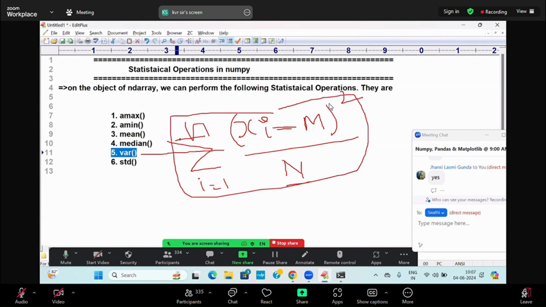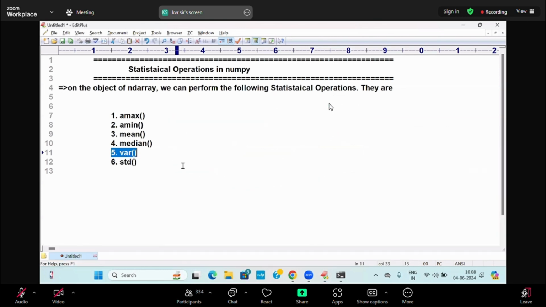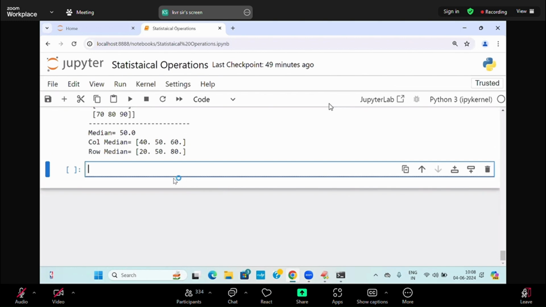I will use that formula now. Try to follow. I'll take a small example, then I'll move further. Finding variance for the following sample data.